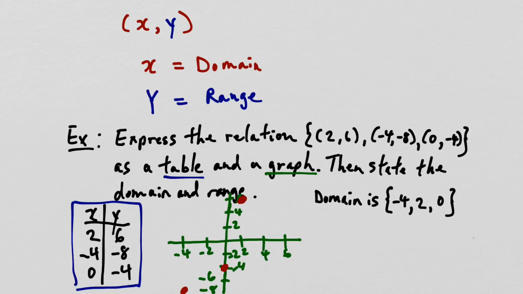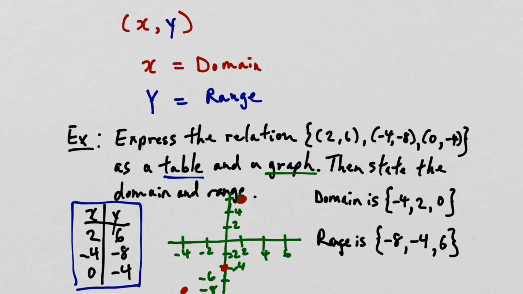I'm getting these numbers from the x column in the table that we created. And then the range is, and you put in these brackets again, and we list it in order of least to largest. So it'll be -8, -4, and 6.